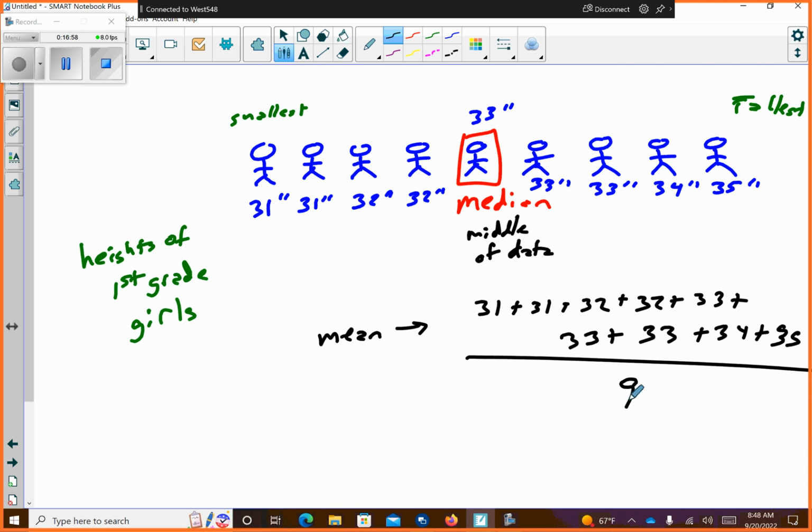But with the median, you look at the list and find where the middle of your list is. The mean, you're going to add up all the heights and divide by the number of people on your list. So they are two very different things, though they could resemble approximately the same value.